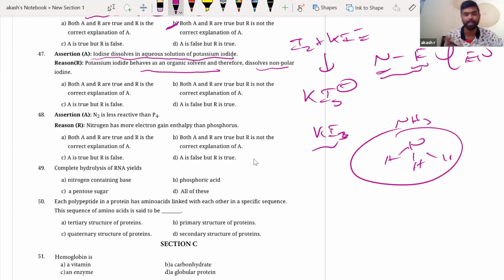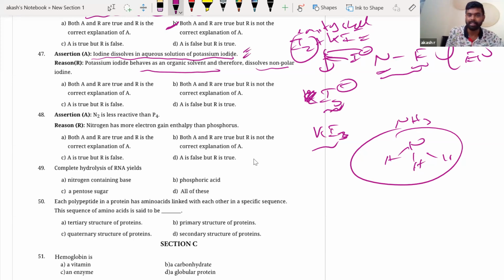No. Why it happens is because I2 still has empty shells, so it can accommodate one more I minus. It can accept the electrons from I minus to form I3 minus. That is the reason. So the first one is correct. The reason is not even correct, because potassium iodide is not an organic solvent. It is a normal inorganic solvent. So A is true, but R is false is correct.